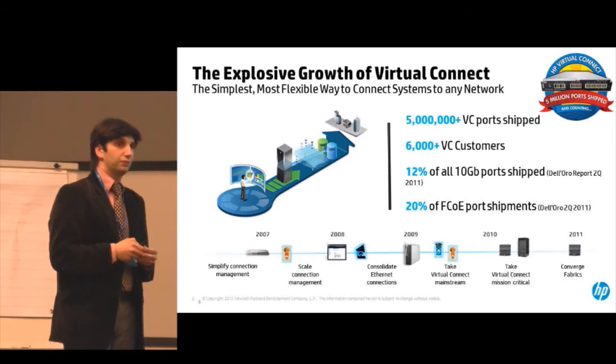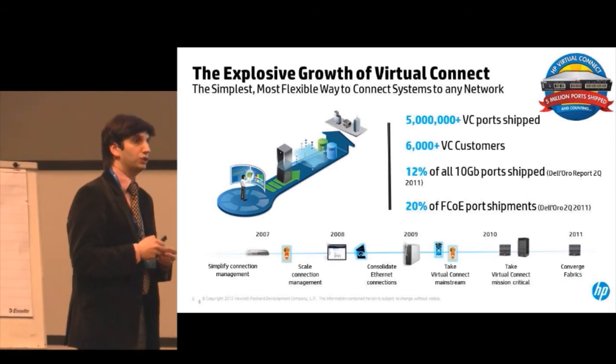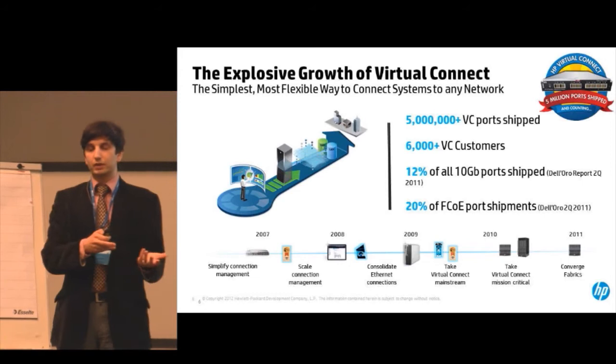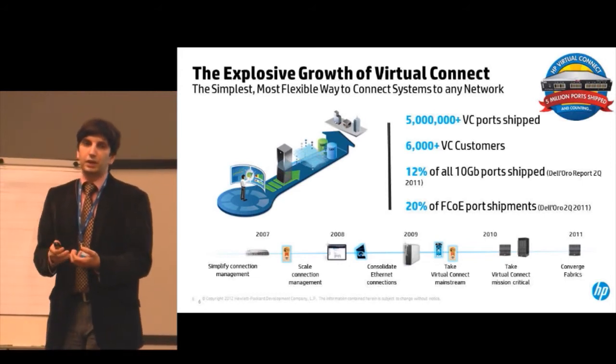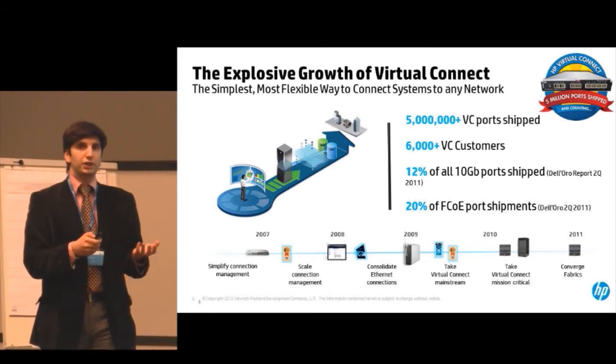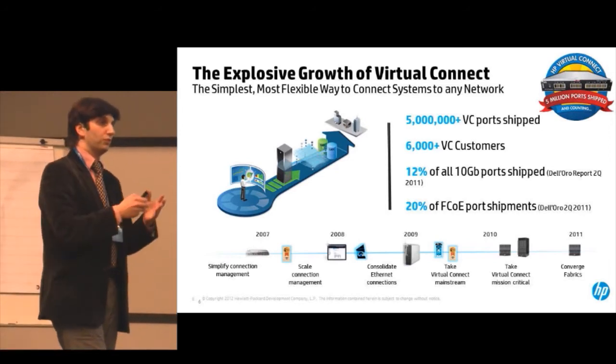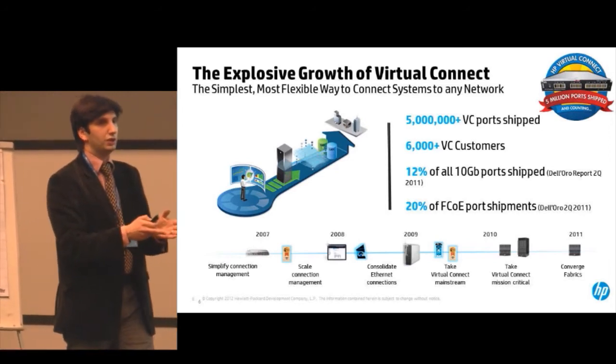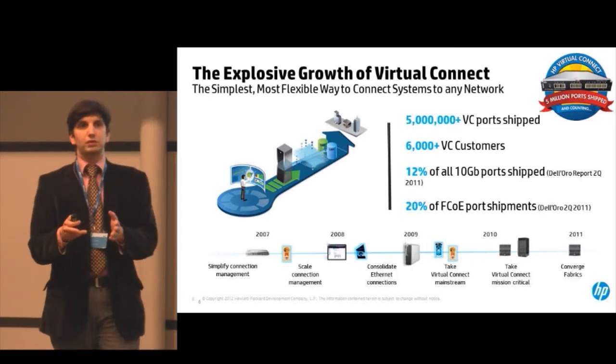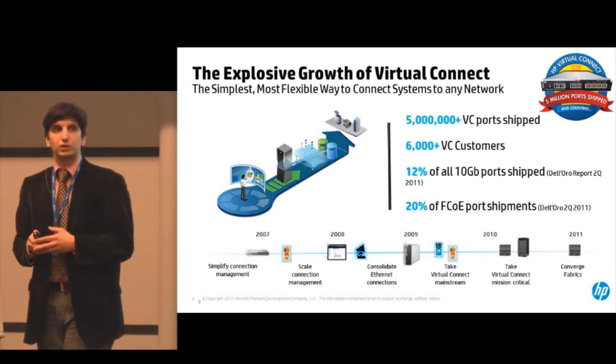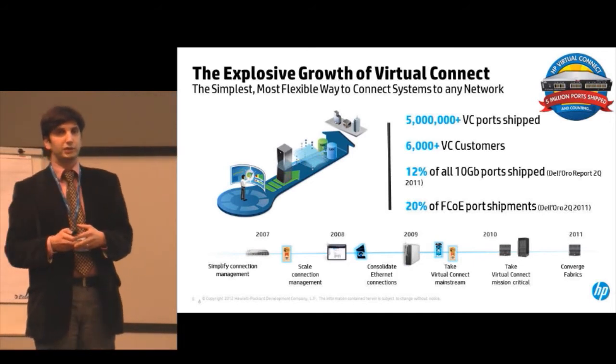Flex 10 technology, which allowed us to make good use of the 10G technology, because we had been integrating 10G ports as a default port starting from generation 7 of the ProLiant blade servers.